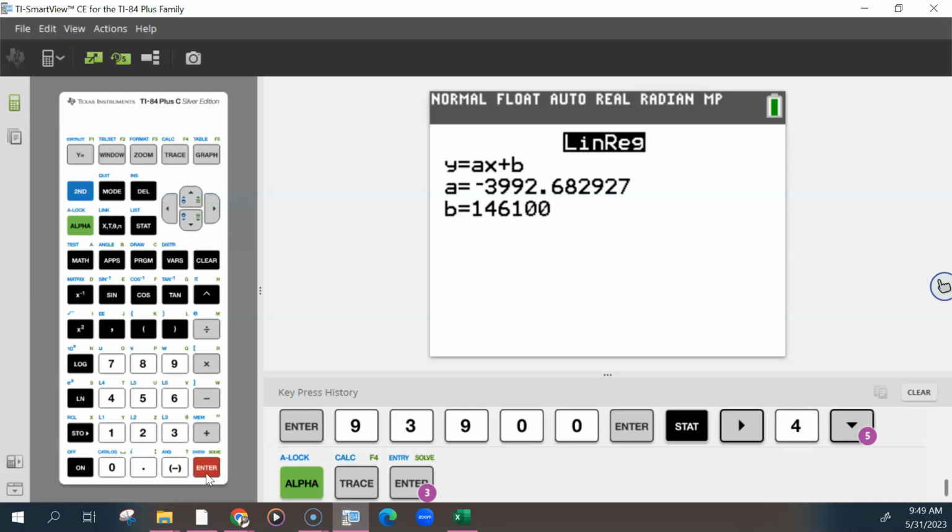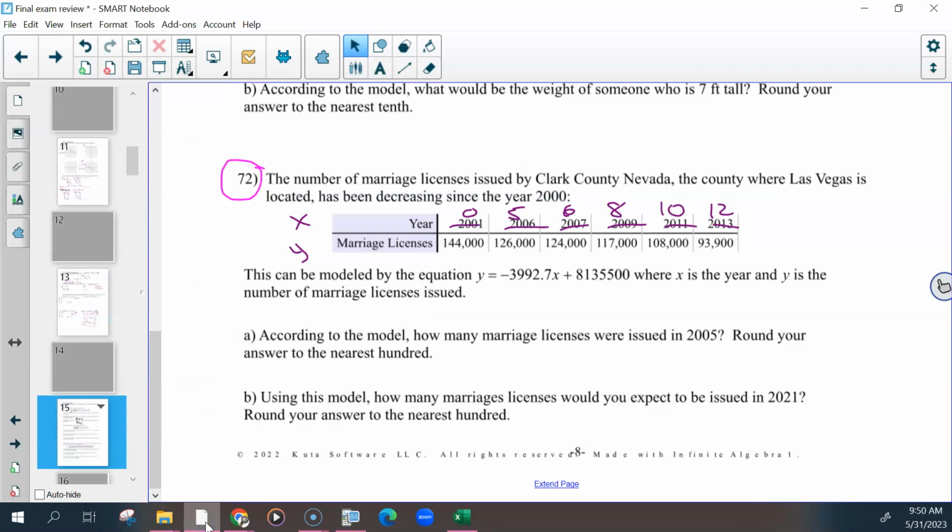And then in order to answer part A and part B, we would need to figure out how many years have passed since the original. So in 2005, that would be 4 years later. And 2021, that would be 20 years later.